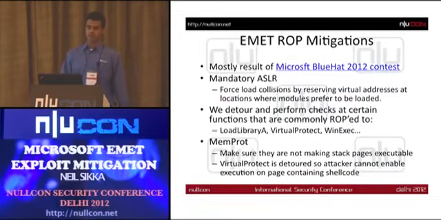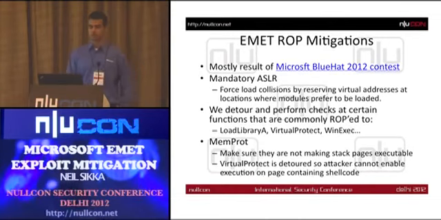So EMET has ROP mitigations. Like I said, we released 3.5 Tech Preview this summer at Black Hat, and it was a result of the BlueHat 2012 contest. Some of the things that mitigate ROP in 3.5 Tech Preview now include mandatory ASLR, which forces collisions by reserving virtual addresses at locations where modules say that they want to be loaded.